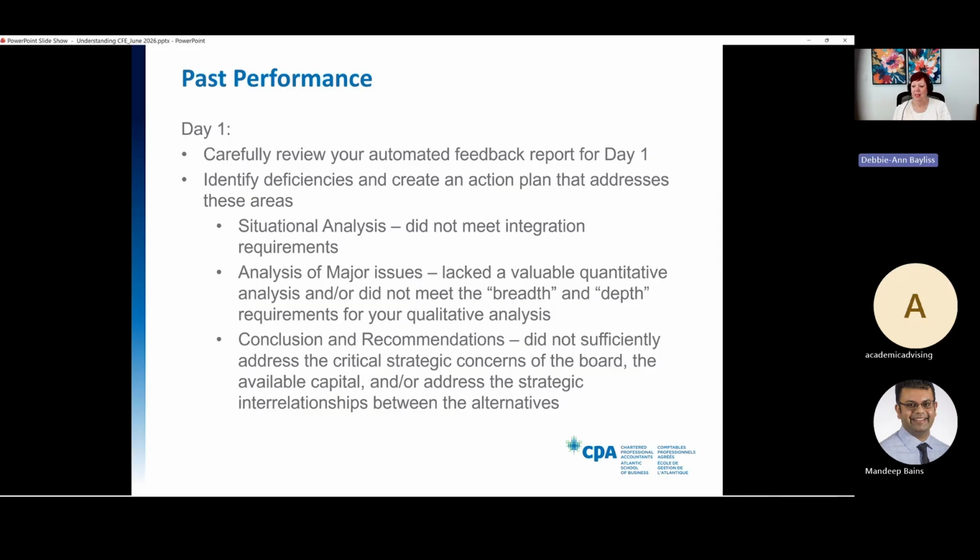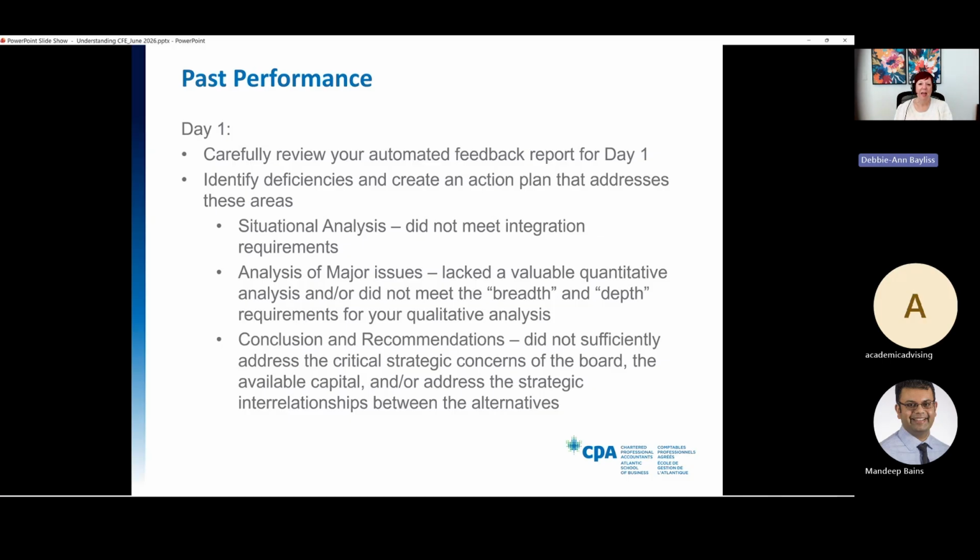If you are rewriting the CFE, here is some information I want to highlight. For day 1, carefully review the automated feedback. It'll help you identify your areas of development so you can create an action plan. For situational analysis, did you meet the integration requirements?